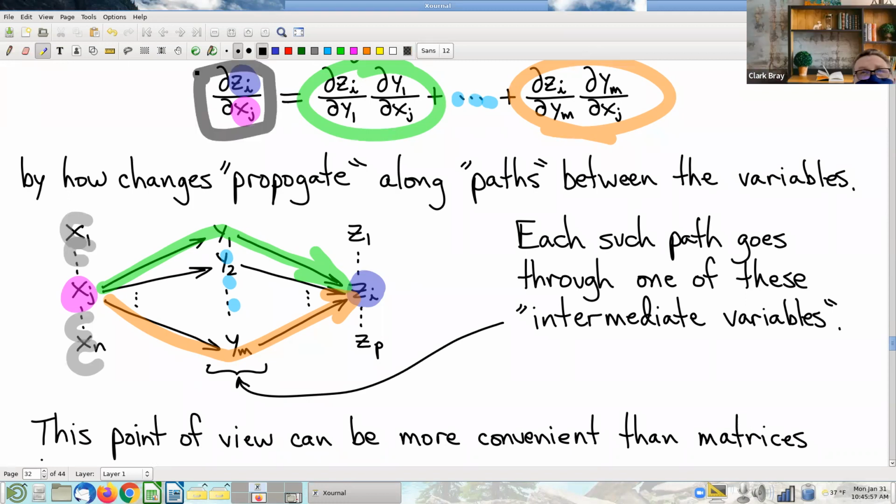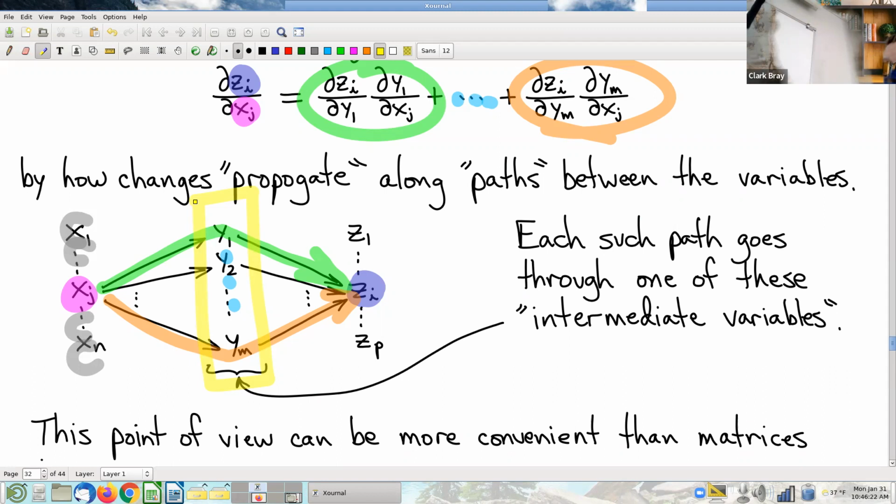I don't really need to bring up all the big gun power of derivative matrices and matrix multiplication that would compute all of the partial derivatives. I don't need all the partial derivatives. I just want that one, right? Then understanding this idea of the intermediate variables, right? All the paths that we're interested in propagate along one of these paths, namely through one of these intermediate variables, and each one gives you a term, right?